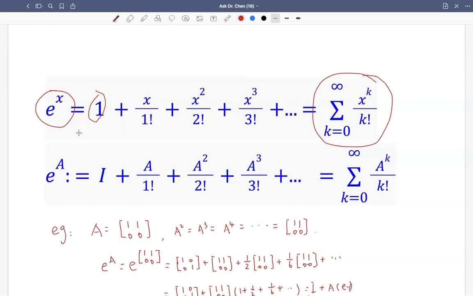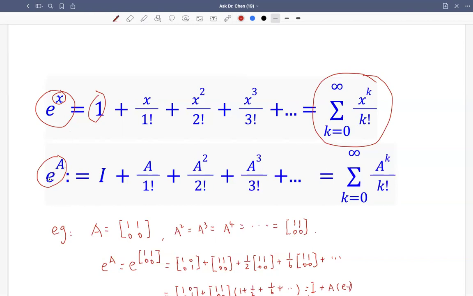Now, by that, we can define e raised to a matrix, especially a square matrix. It could be 2 by 2, 3 by 3, and so on. We could think of the real-valued case as a special case of this, because x is just a 1 by 1 matrix.